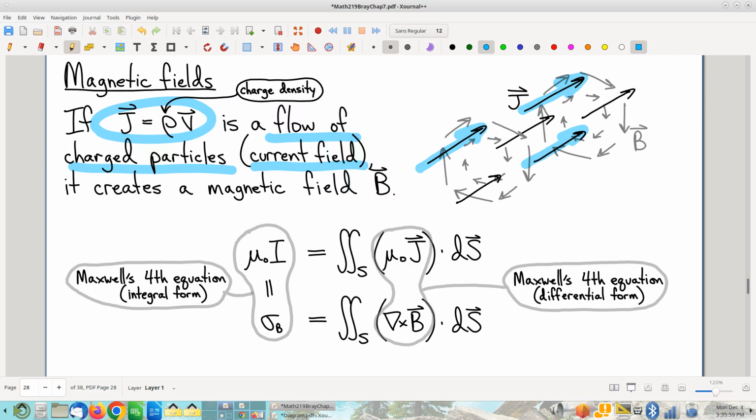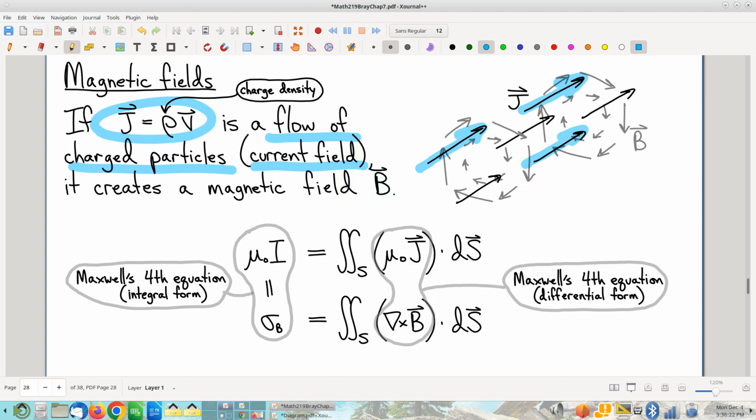Now, you may be accustomed to the idea that charged particles move in a wire, right? And certainly that's an easy way to make charged particles move, right? In that case, magnetic fields just make circles around the wire. Okay, well, yeah, but not all flows of charged particles are inside of wires.